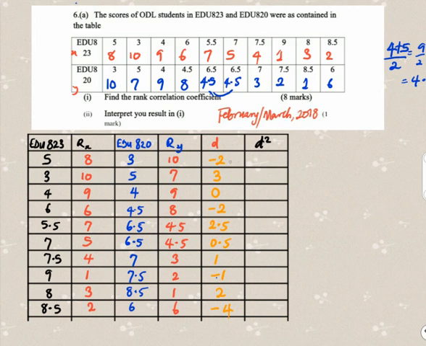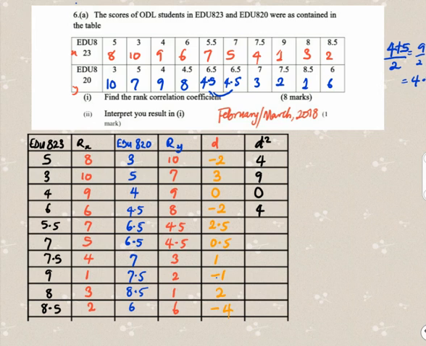So negative 2 squared is going to give us 4. 3 squared will give us 9. 0 squared, 0. To square a number simply means multiply the number by itself. So negative 2 squared means negative 2 times negative 2, and that will be positive 4. Negative 2 times negative 2 gives us positive 4 as well.